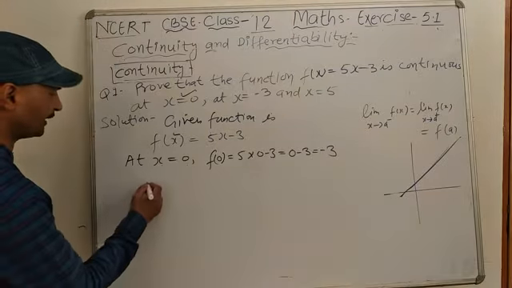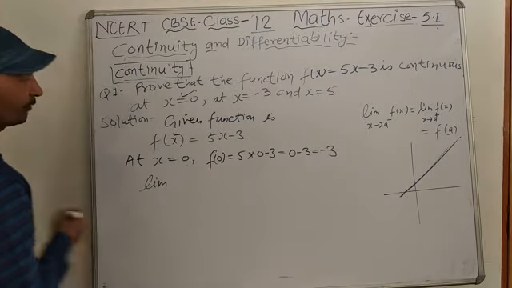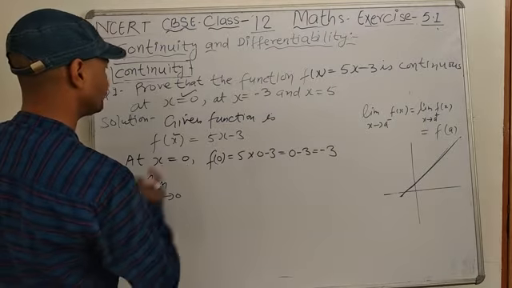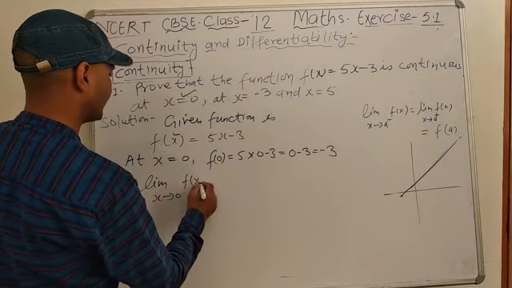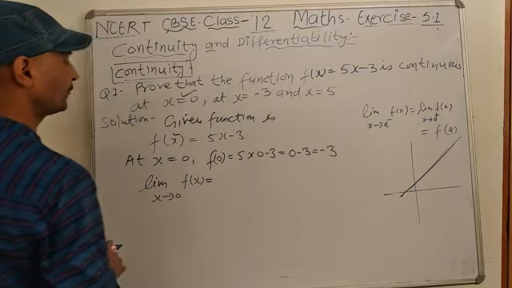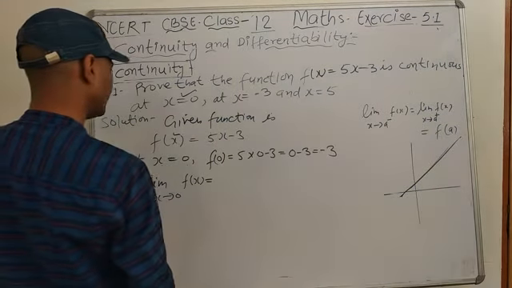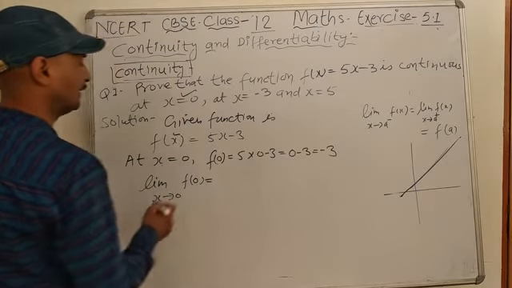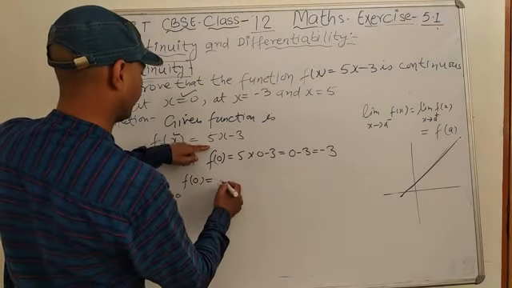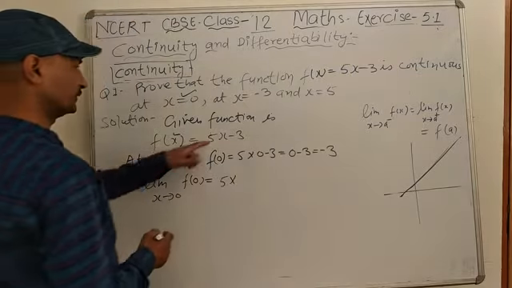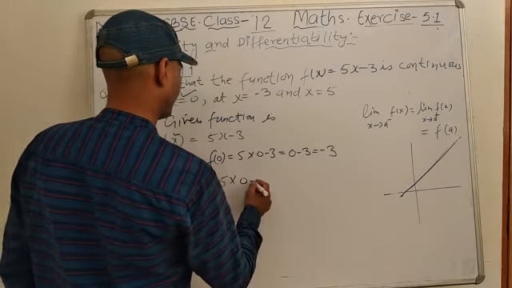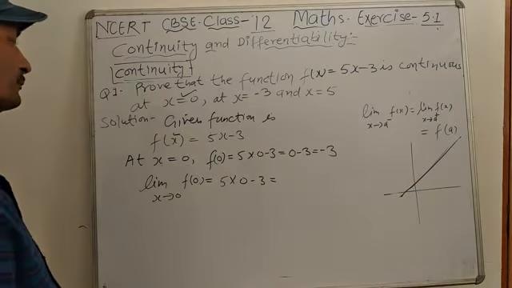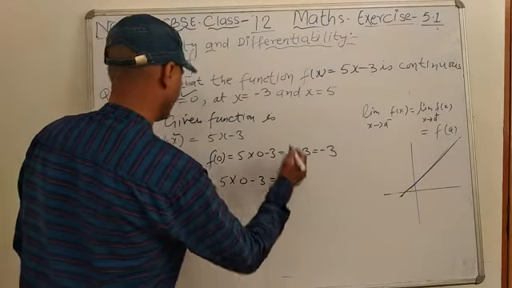Only find the limit, like the limit as x tends to 0 of f(x) equals this. 5x minus 3, 5 into x is 0 minus 3, so this also becomes minus 3.